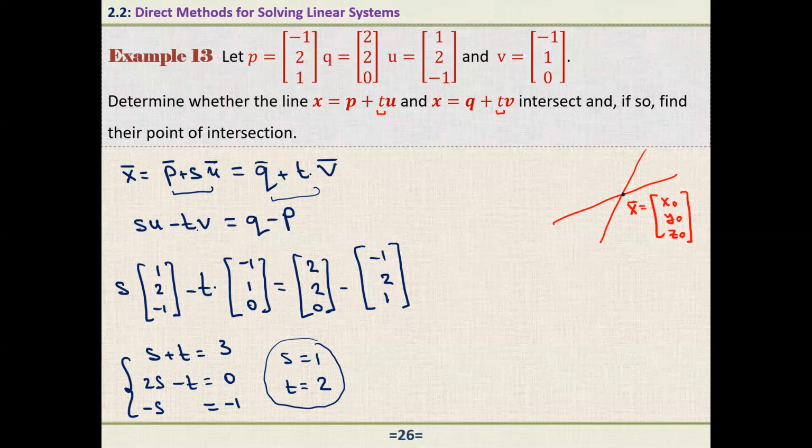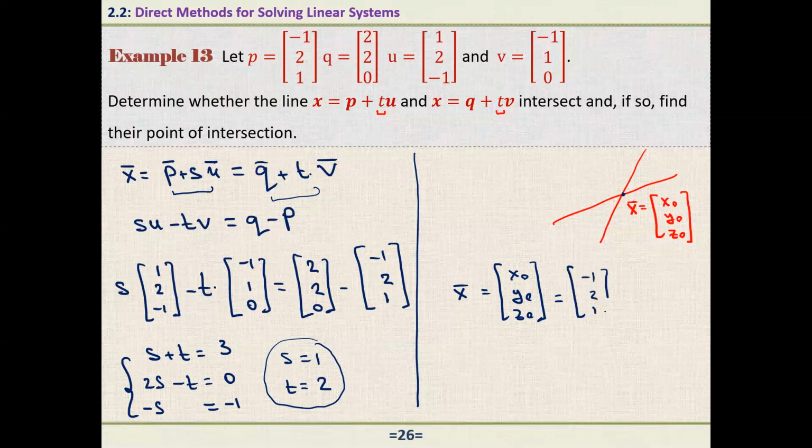So if I just substitute the first one, then we will get that (x sub 0, y sub 0, z sub 0) is equal to, if I substitute in the first one, what is p? P equals (-1, 1, 1) plus s times u.